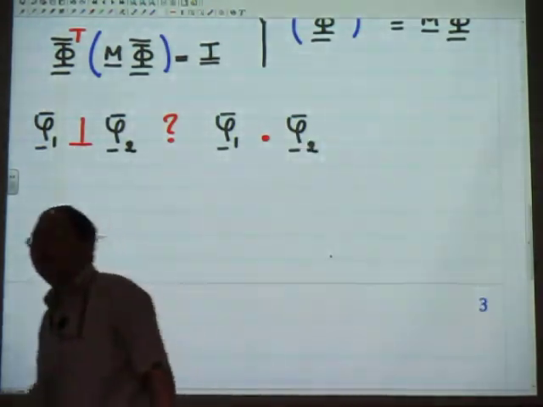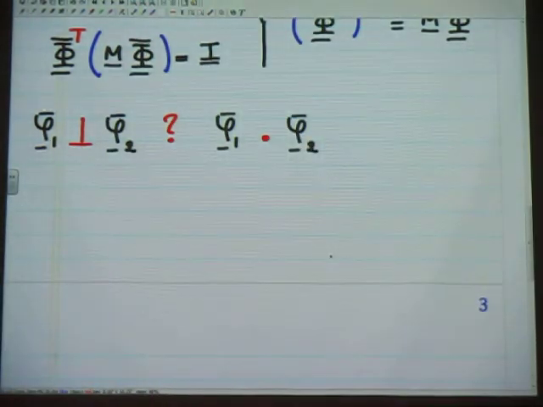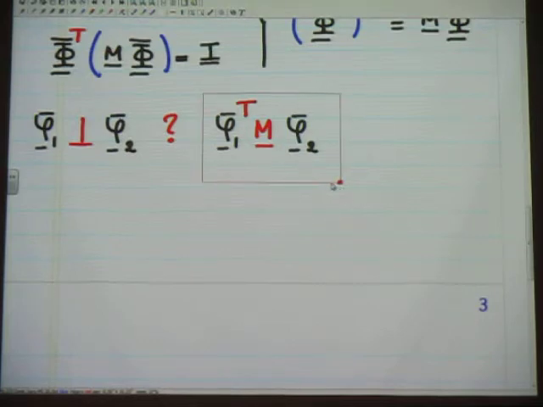You heard that this is orthogonality with respect to the mass matrix. So what you want here is the generalized dot product. And the generalized dot product is when you stick the mass matrix in between. You can write like this. That's one way. Or you can write like that.